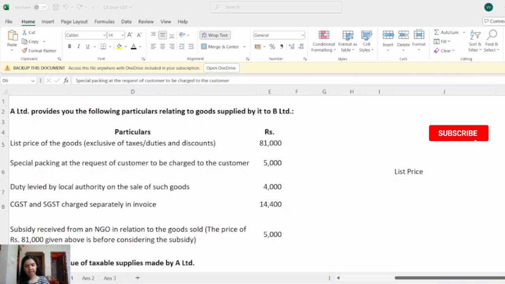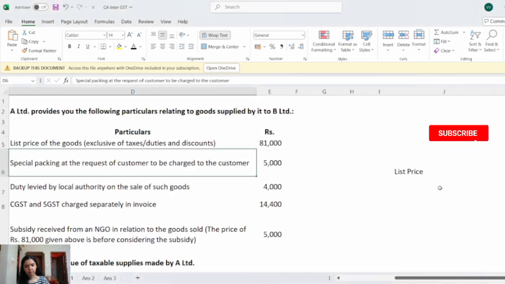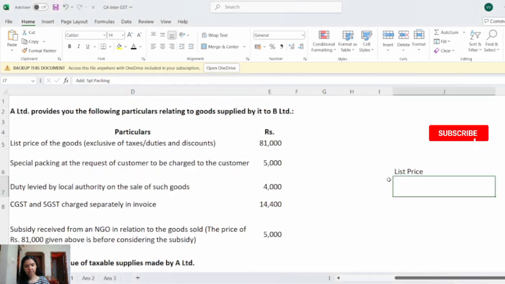This price has to be added to the list price in order to arrive at your taxable value of supply, as packing charges are incidental expenses charged by the supplier to the recipient of the supply. Hence, packing charges are includable while computing the taxable value of supply as per Section 15. Hence, special packing charges have to be added to your list price.